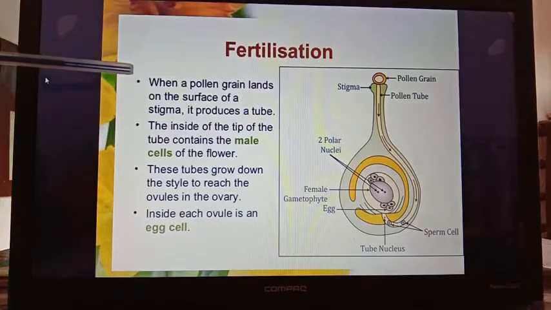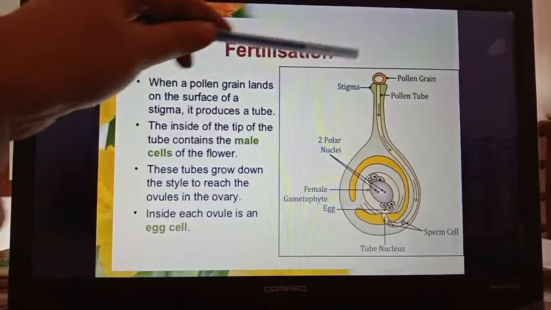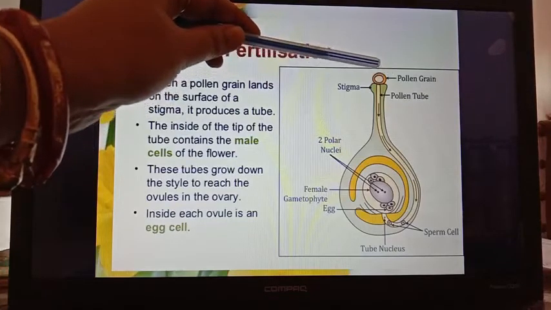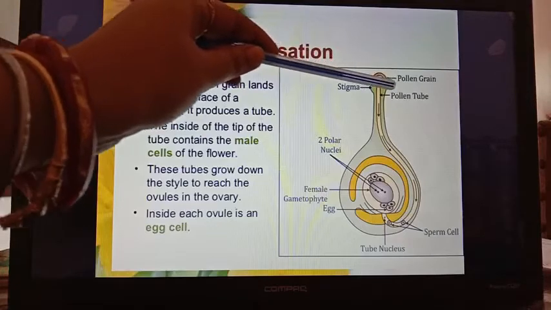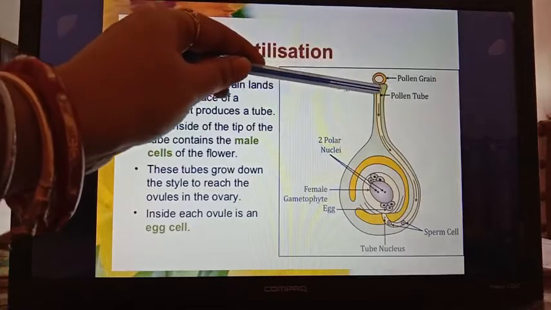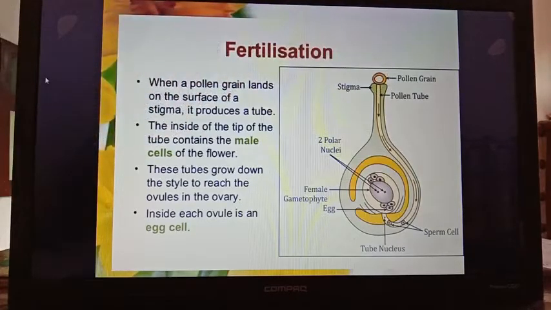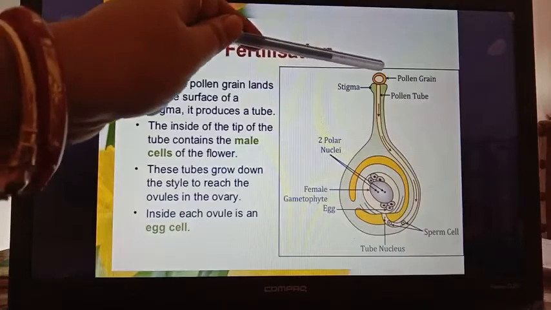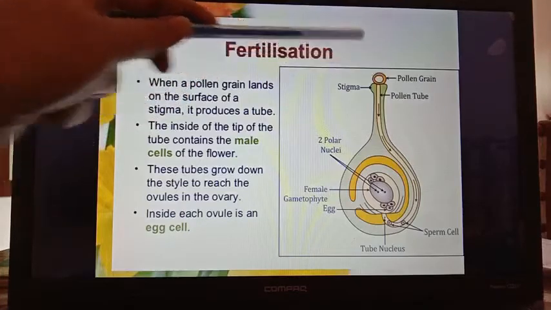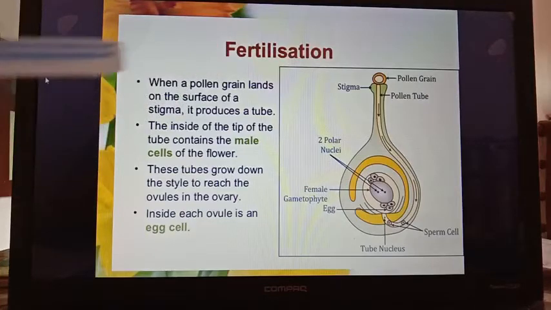When a pollen grain lands on the surface of a stigma, the sticky part on which the pollen grain can be dropped, after pollination the pollen grain germinates and a pollen tube is formed.